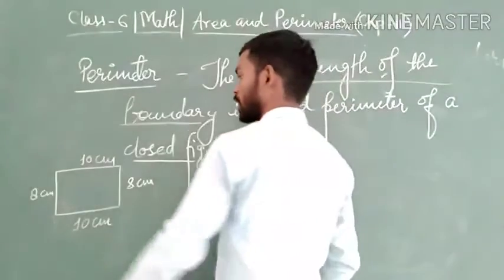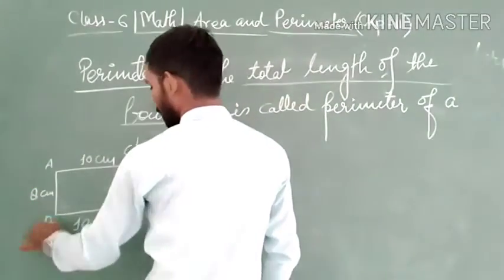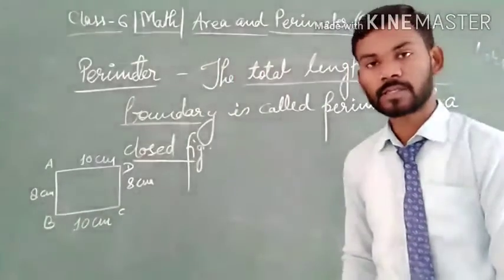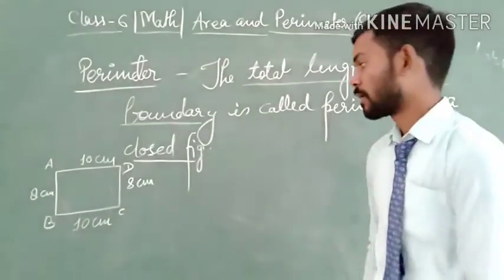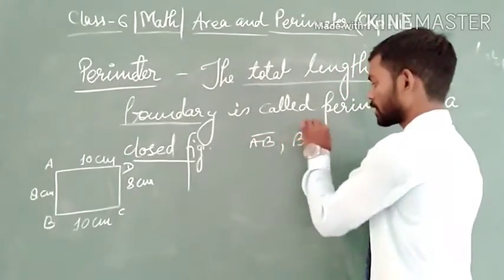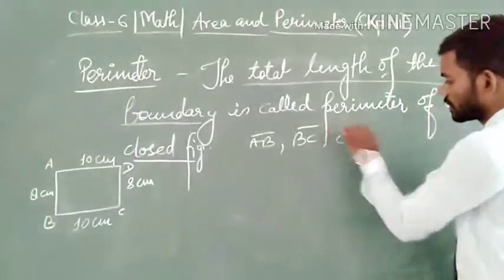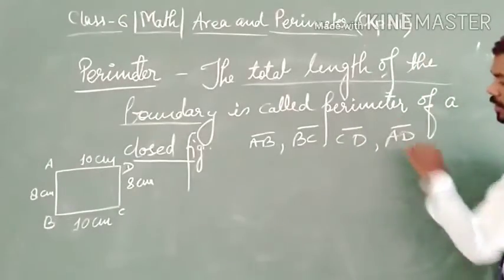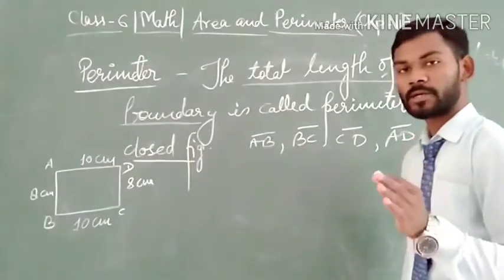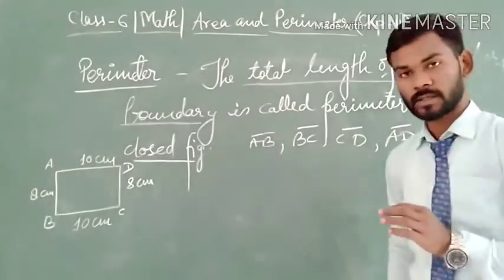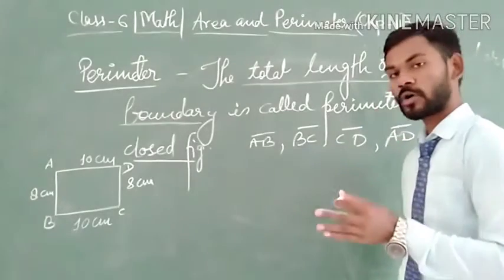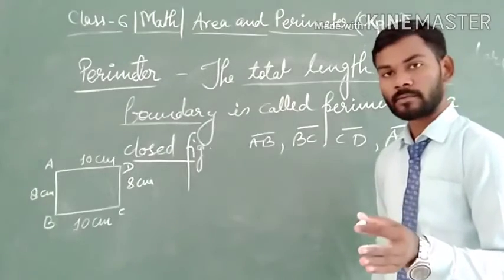And if I give the names A, B, C, D, then here we can see that AB, BC, CD and AD are the four sides of this rectangle, and also the total boundary.